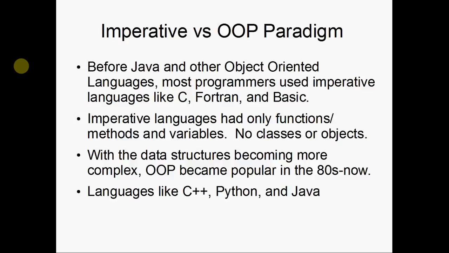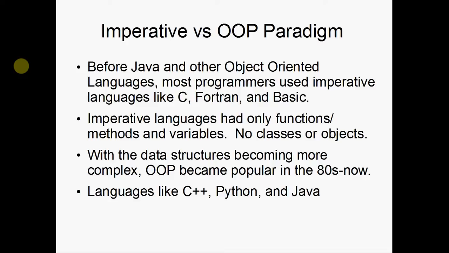First we're going to talk a little bit about some history, about imperative versus object-oriented programming. These are two common paradigms. Before we had Java and other object-oriented programming languages, we had to use languages like C, Fortran, and BASIC.